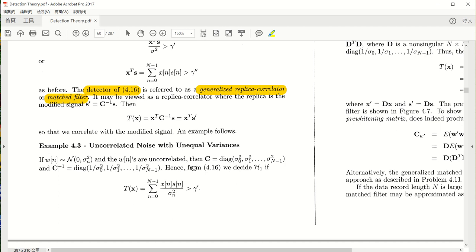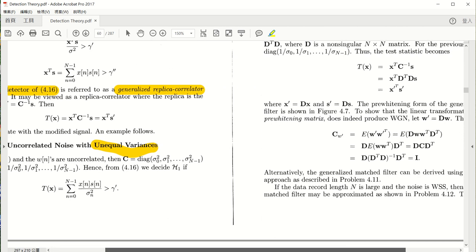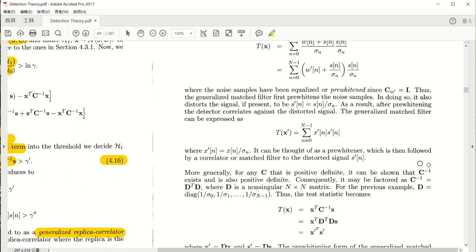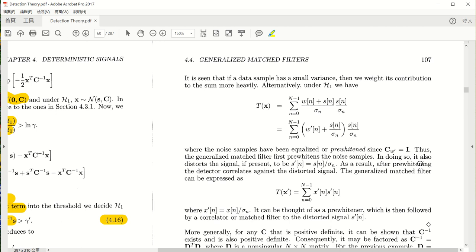And this is obviously unequal variance, right? Unequal variance for the noise W. So we will decide H1 if this, then this will be the detector. It comes from here, right? We just put this into here, and then we get something like that. Okay, so this is unequal variance.